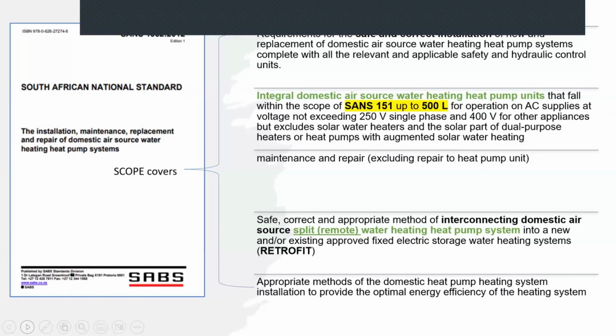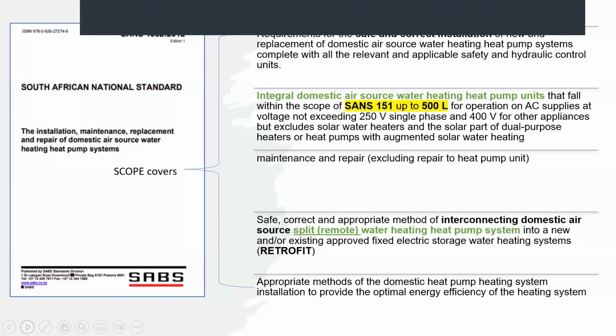It covers the safe, correct, appropriate method of interconnecting domestic air source split, and the key is split, remote water heat pump systems into a new or existing approved fixed electric storage water heating system. And I've basically put in black there, the retrofit. It also covers the appropriate methods of the domestic heat pump's heating system installation to provide optimal energy efficiency of the heating system.